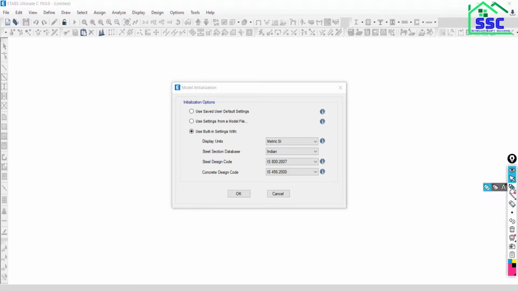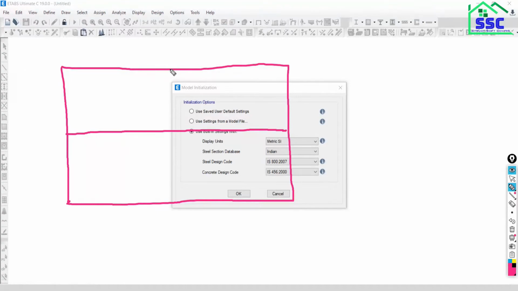Now my next question to all of you: let me know, a symmetrical and equally spaced arrangement is there, and the column I am going to take, let's consider square columns are there for all the positions, same dimensions.